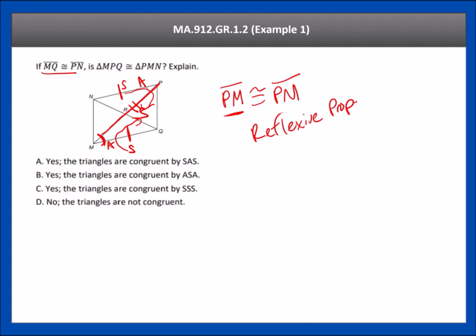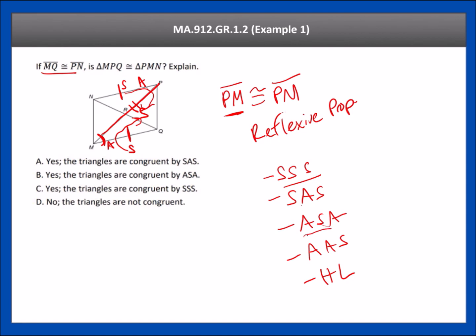The theorems that we use to prove congruence are side-side-side, side-angle-side, angle-side-angle, angle-angle-side, and HL, hypotenuse-leg. Okay, and there's some other ones, but those are the main ones. So side-side-side means you need to know all 3 sides that match up that are congruent. Side-angle-side is what we just did. We have a side, an angle in between, and then another side.